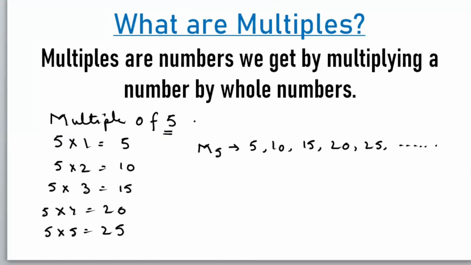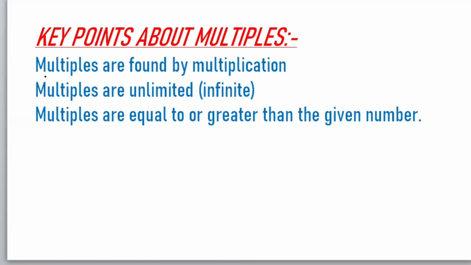Let's check the key points of the multiples. Multiples are found by multiplication. In factors, we were finding them by multiplying a whole number with another number to get the number, or we can divide it to find the factors.